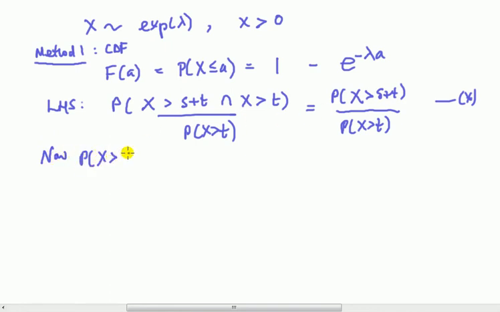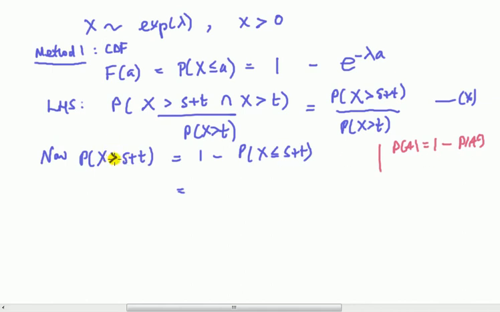Okay, now top bit. Probability x is bigger than s plus t using the CDF is the same as saying 1 minus F of s plus t, i.e. 1 minus the probability x is less than or equal to s plus t, because sometimes students are more comfortable with this terminology. That's the same as F of s plus t here. If you're wondering where that came from, just know that probability of A is equal to 1 minus probability of not A. That's what I'm doing, opposites.